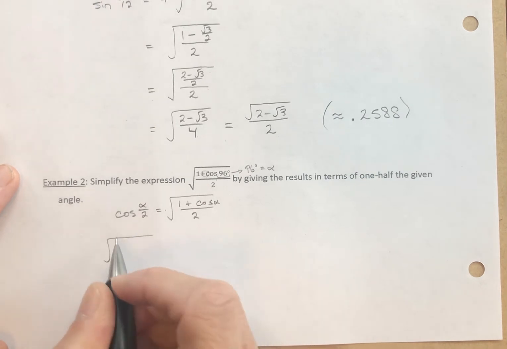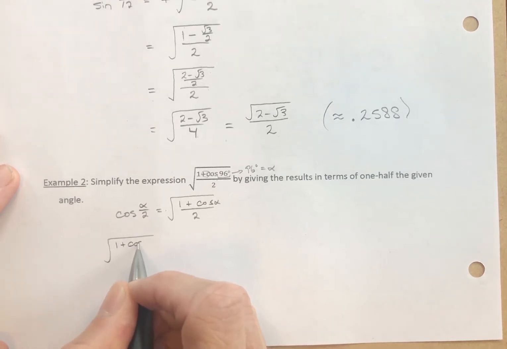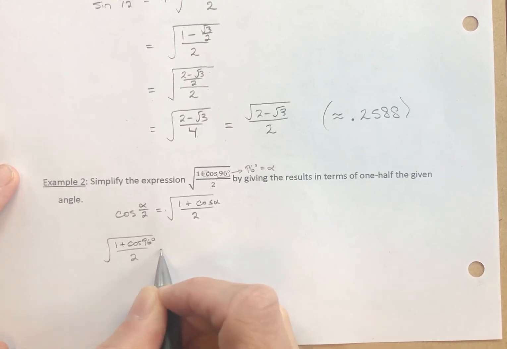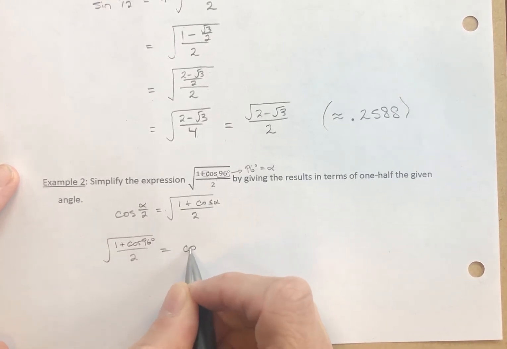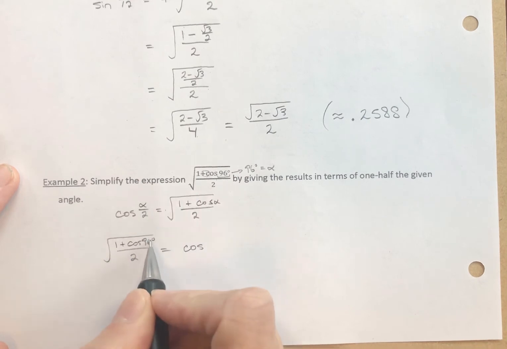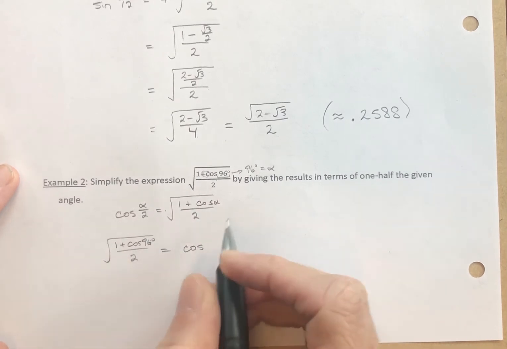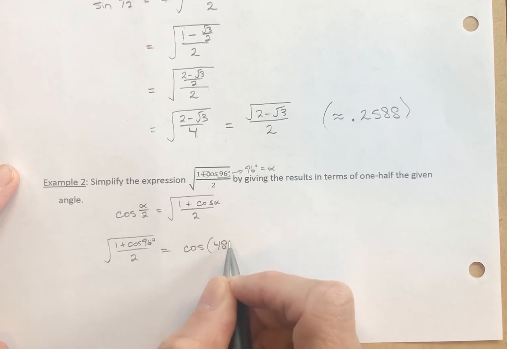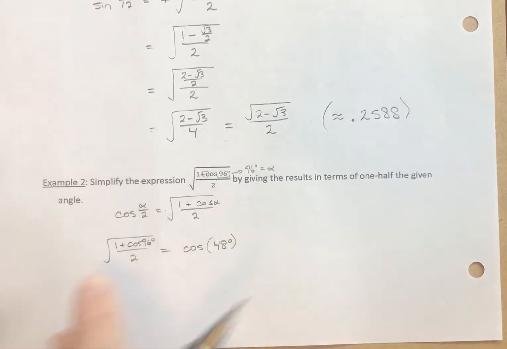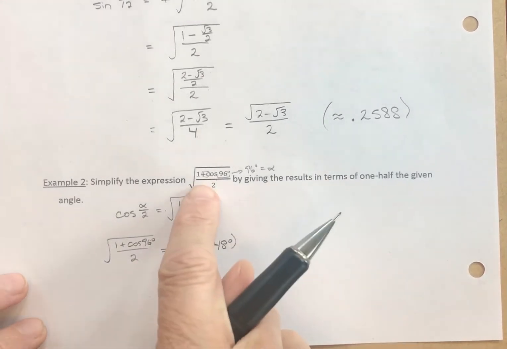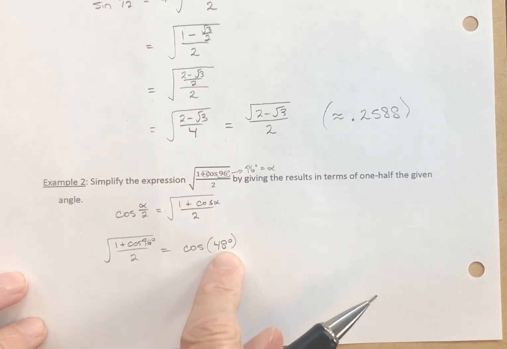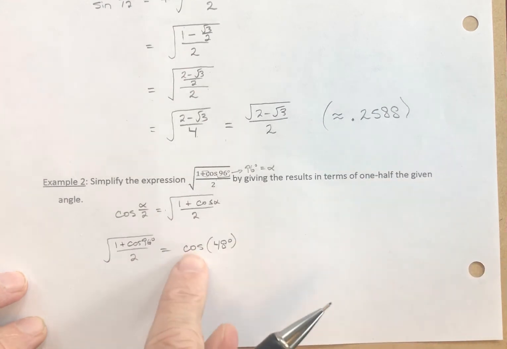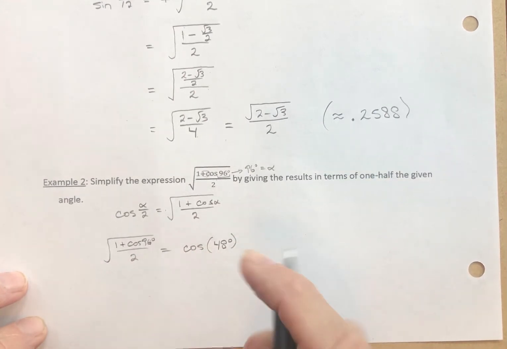So this piece, 1 plus the cosine of 96 degrees divided by 2 is equal to the cosine of alpha over 2. Well, half of 96 is 48. This is equal to the cosine of 48 degrees. And there you go. The result of this is the cosine of 48 degrees. We're done. Okay, the result in terms of 1/2 the angle is cosine of 48 degrees.